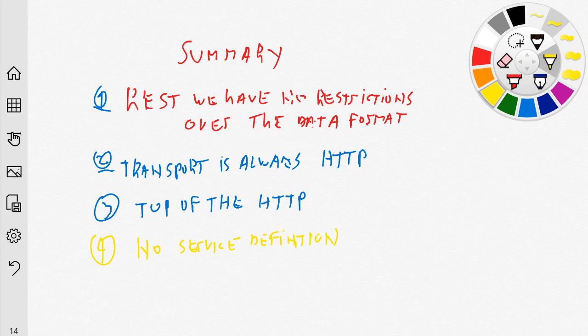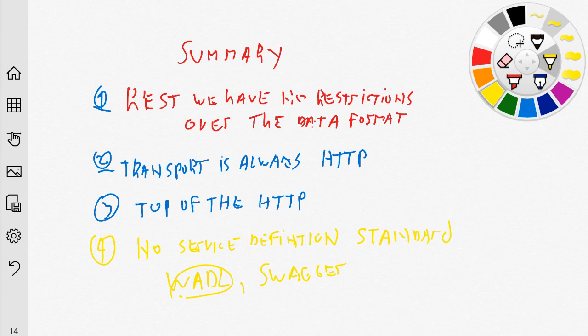For the format, we can use WADL, that stands for Web Application Description Language, but it is not so popular. And we can use Swagger, which is more popular. So with REST we have no service definition standard.